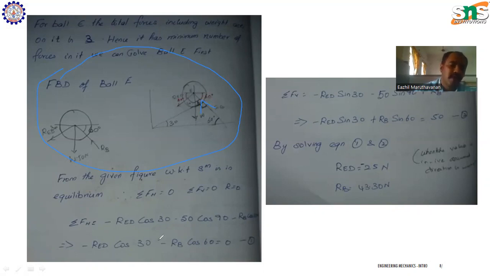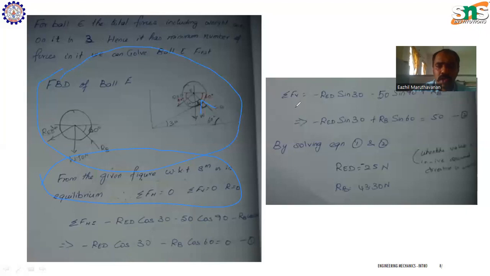By the resolving forces method, we can write the equation as sigma FH equals minus RED cos 30, minus 50 cos 90, and minus RB cos 60, that is equal to 0. Since the system is in equilibrium, we have to write down the conditions of equilibrium: sigma FH equals 0, sigma FV equals 0, and the resultant R equals 0.